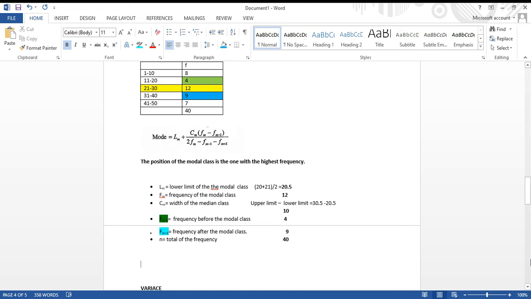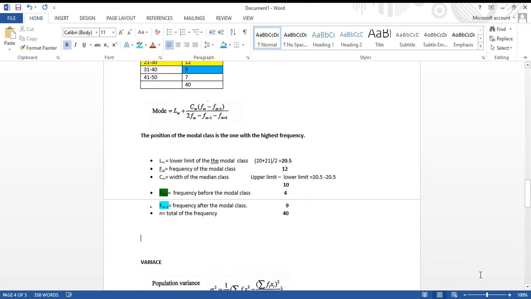So we're going to say mode equals our lower limit, 20.5, plus a fraction.